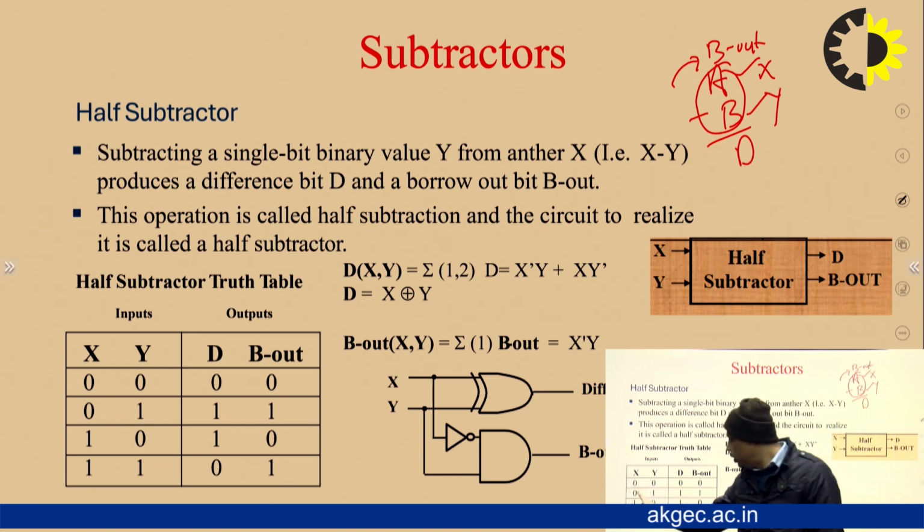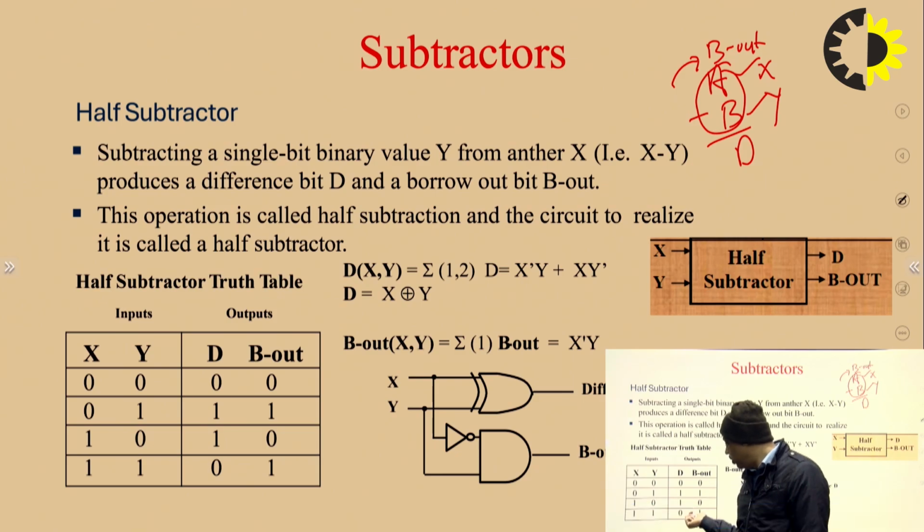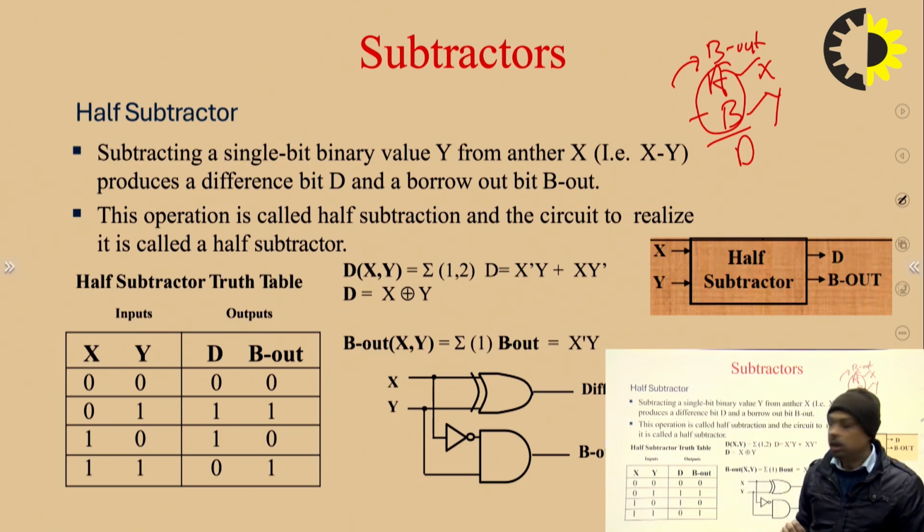Now 2 minus 1 is equal to 1. When x is high and y is low, direct subtraction is possible: 1 minus 0 is equal to 1, and there is no borrow. And in the last case, 1 minus 1 is equal to 0, there is no requirement of borrow, so the borrow is again 0.